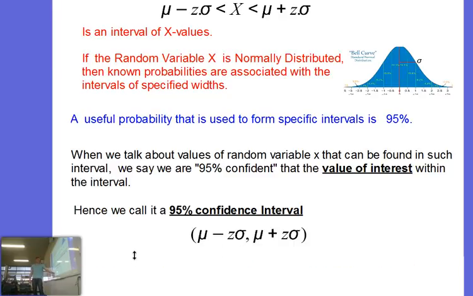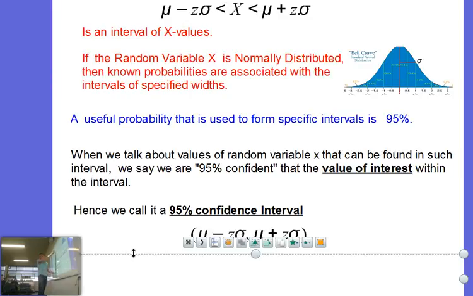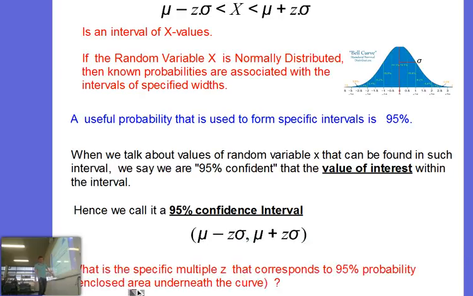So this is how we form confidence intervals like that. This is the bracket notation, where we have inequalities of less than, we use circle brackets. So we've got some x value that's normally distributed, and that is an element of such an interval.